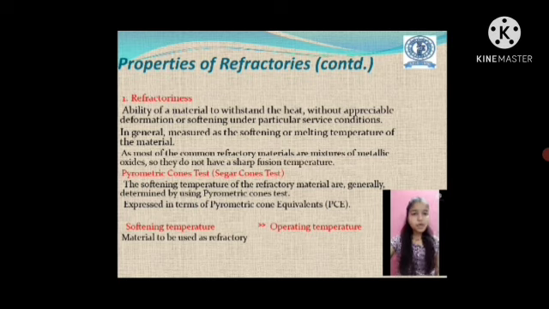Pyrometric cone test, Seger cone test: the softening temperature of refractory materials is generally determined using the pyrometric cone test, expressed in terms of pyrometric cone equivalent, PCE. The softening temperature must be above the operating temperature of the material to be used as refractory.